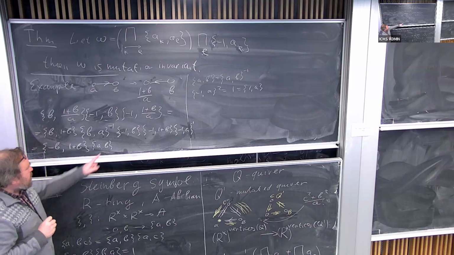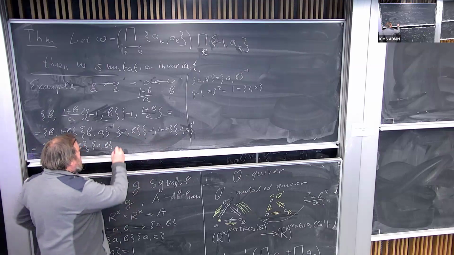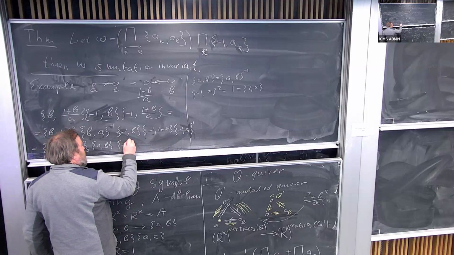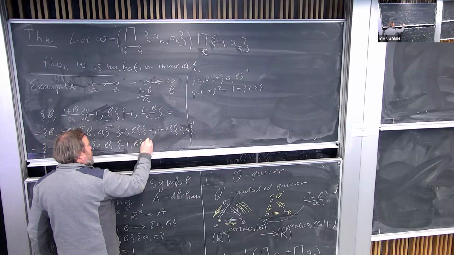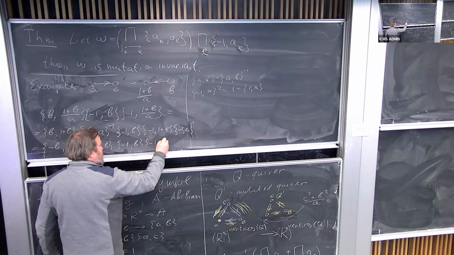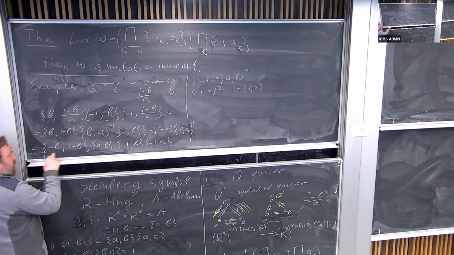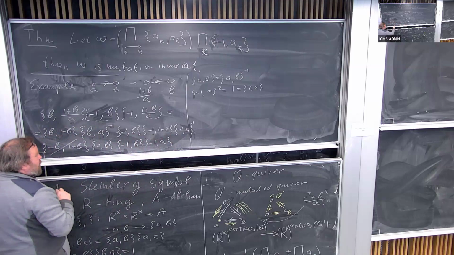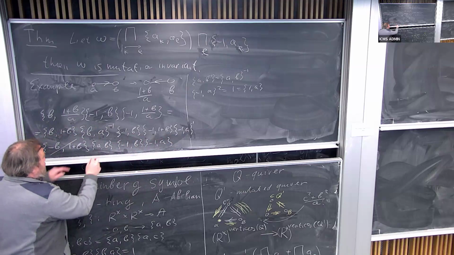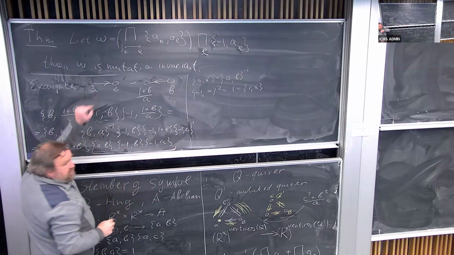And the remaining factor is just minus 1 a, b minus 1 a, and this is equal to 1 because the sum of these two is equal to 1. And you reproduce, and this product is just the original symbol.